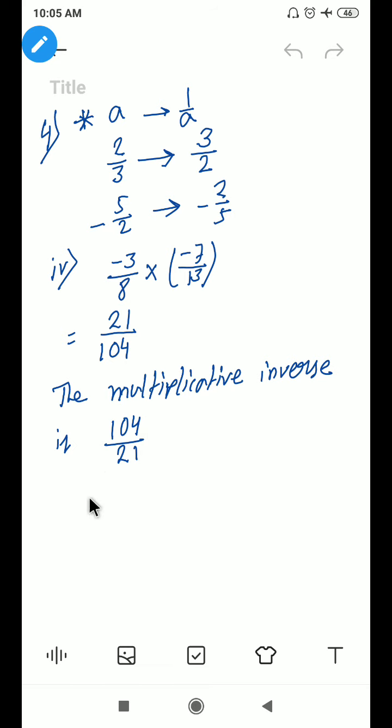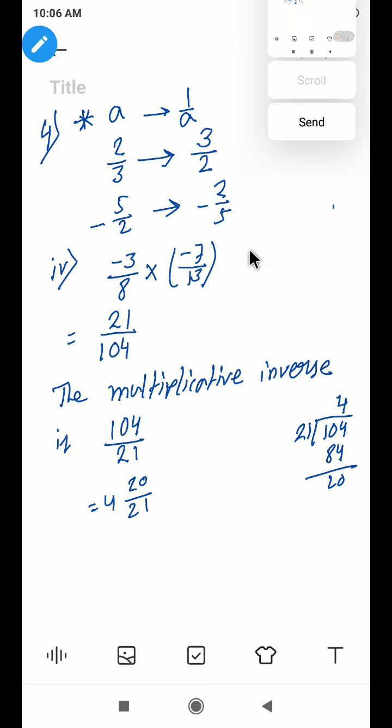If you convert this into a mixed fraction, what will you get? This will go 4 times, so this is 84, and here 20 is left, so 4 whole 20 by 21. This is the answer.